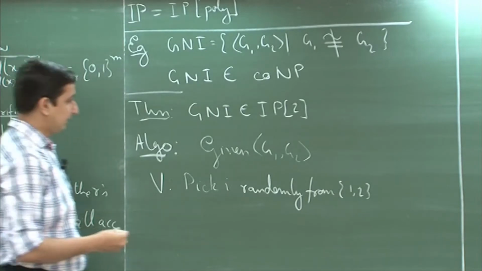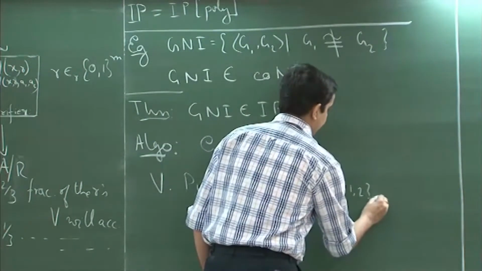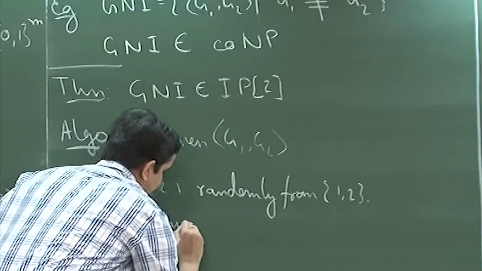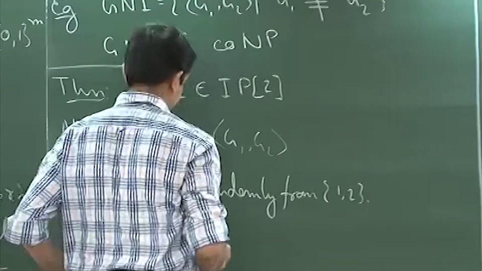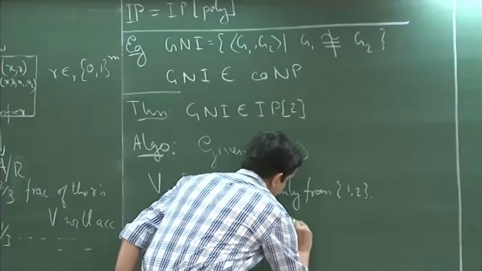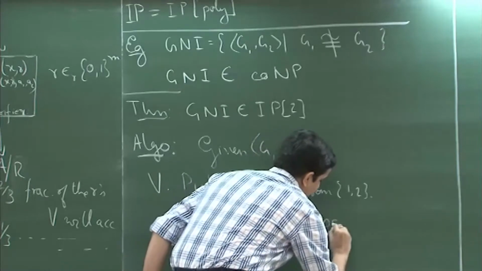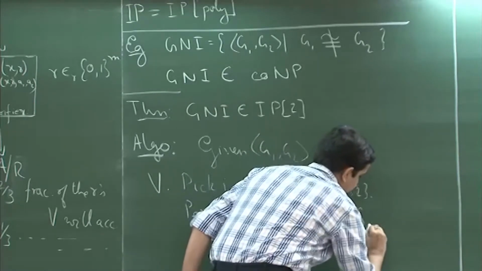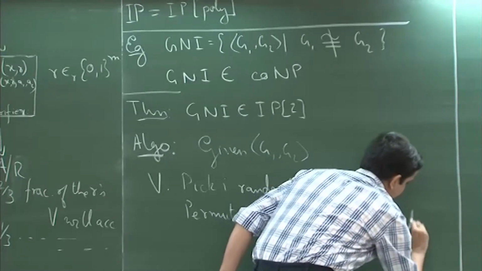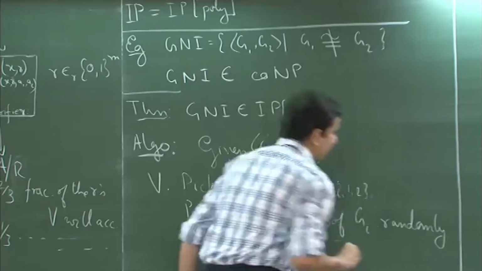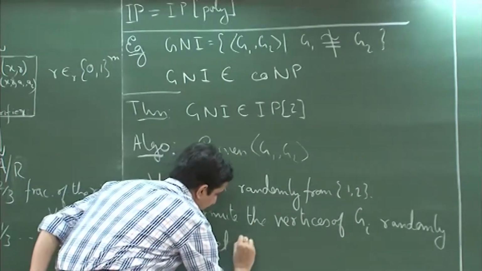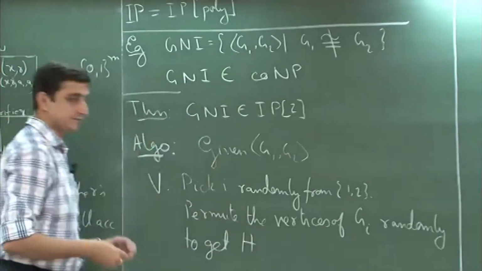Okay. And then permute the vertices of G_I, again randomly, to get, let us say, a graph H.